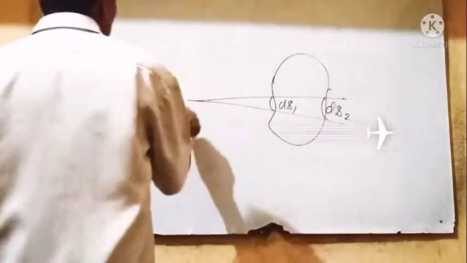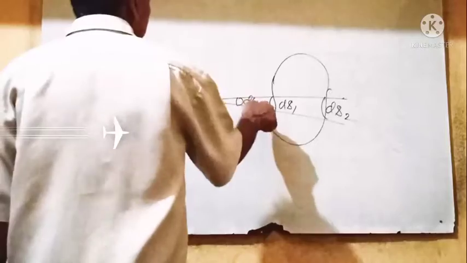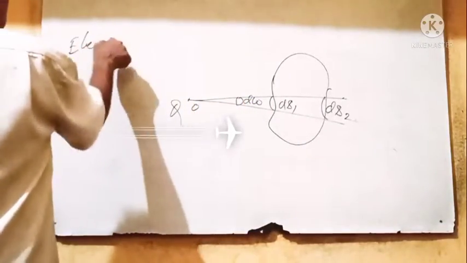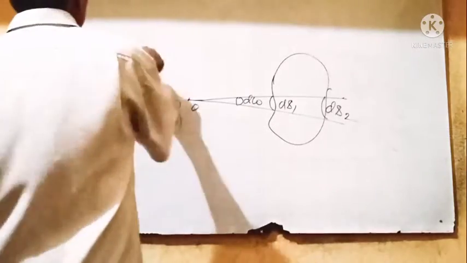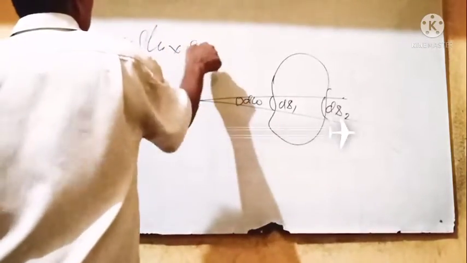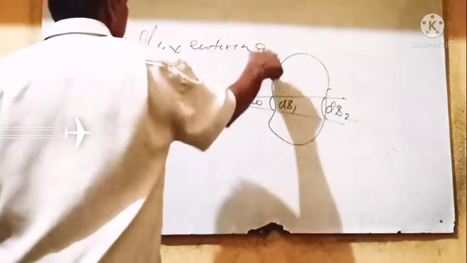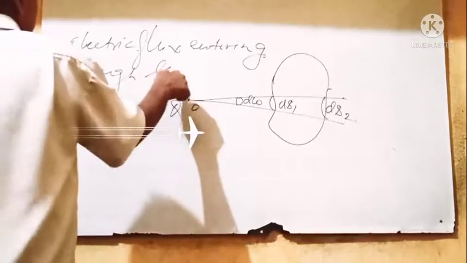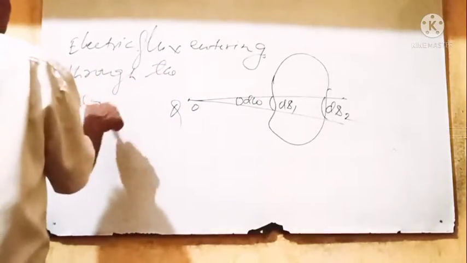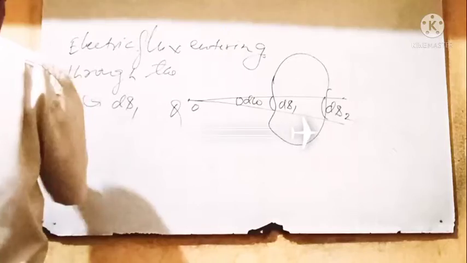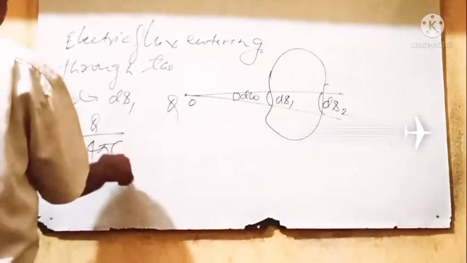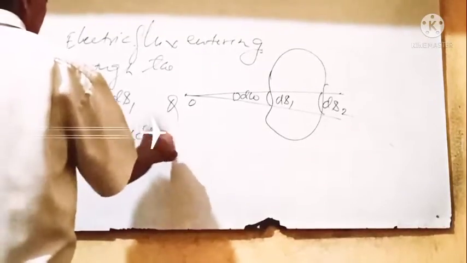ds1, ds2. Charge Q, solid angle d omega. Electric flux entering through the area ds1 is equal to minus q by 4 pi epsilon naught into d omega.